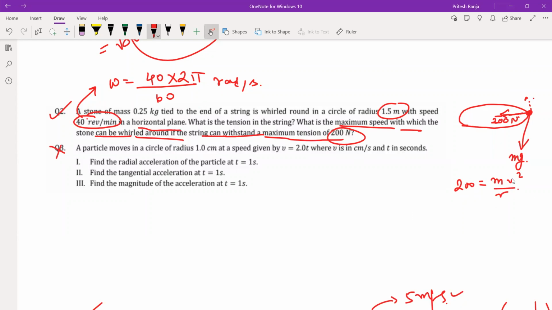From here, I'll just put v as r omega because we know this also holds. So 200 is equal to m r omega square. So well, you have everything here. 200 is equal to m, what is m? 0.25, r is 1.5 and omega square. Omega is 4 pi by 3.